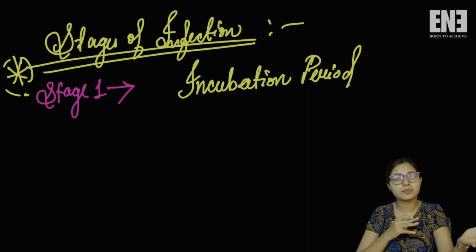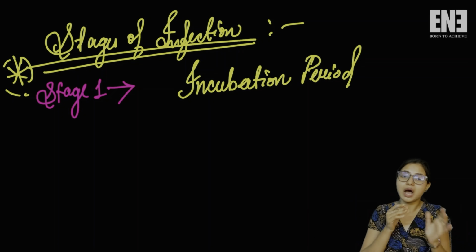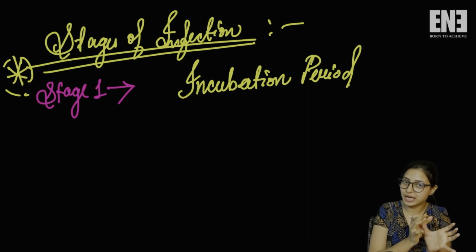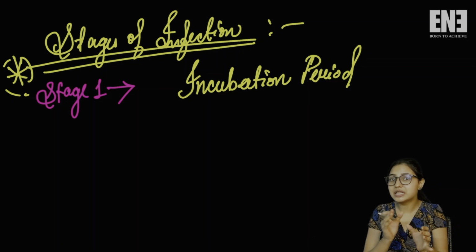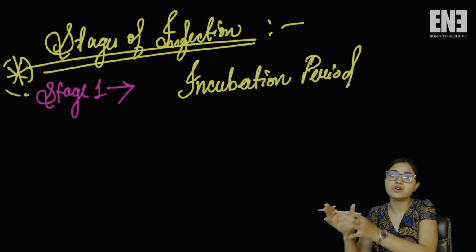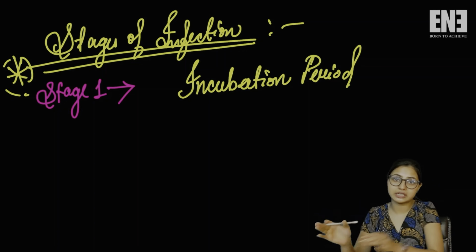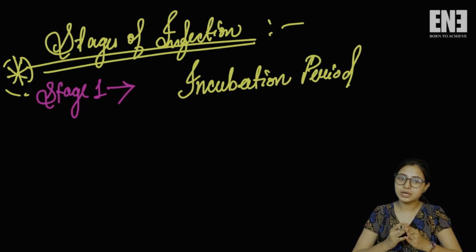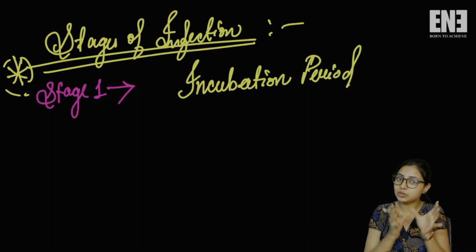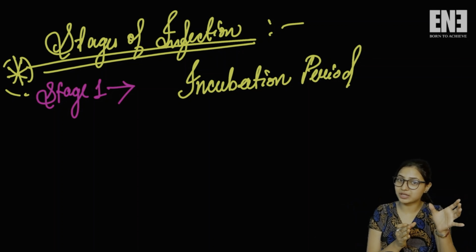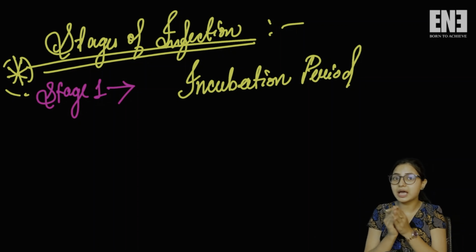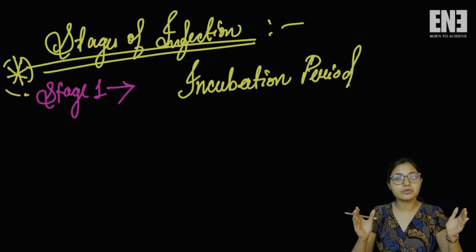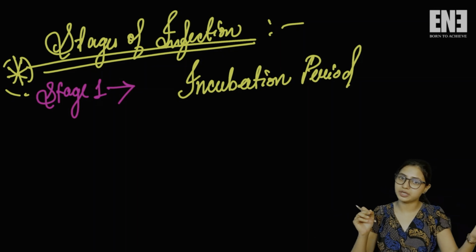After that, from that time until the appearance of the first sign and symptom in your body, that duration is called the incubation period. So the incubation period means the duration between the entry of the pathogen into your body till the appearance of the first signs and symptoms in your body.